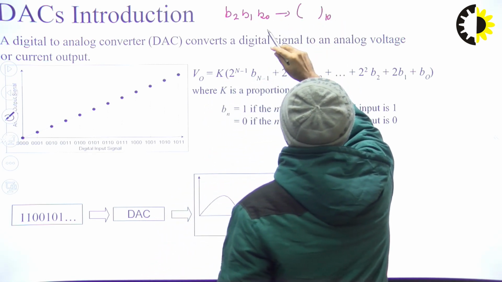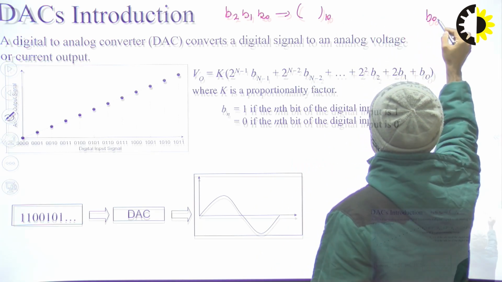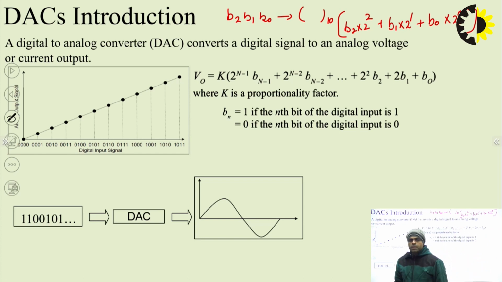One way is simply multiplying B0 with 2 raised to power 0, multiplying B1 with 2 raised to power 1 and B2 with 2 raised to power 2. So this is how we had converted a binary number into a decimal number.